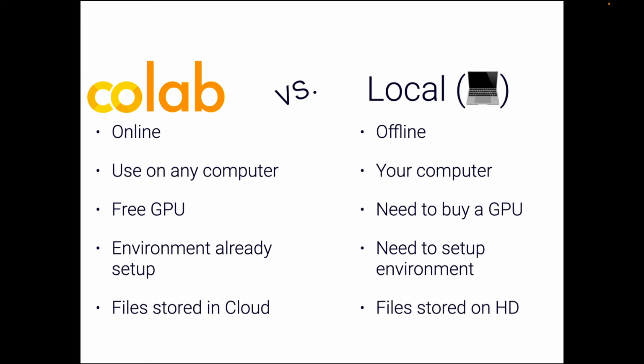The other part about Google Colab compared to your local computer that's probably very important if you're looking into doing deep learning is Google Colab offers a free GPU for about 12 hours on the free plan. So that is significant as your local computer likely does not have a discrete GPU, which means that any kind of training that you do would require a significantly longer amount of time.